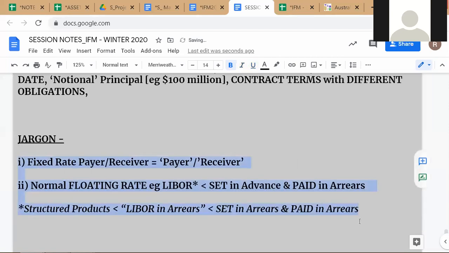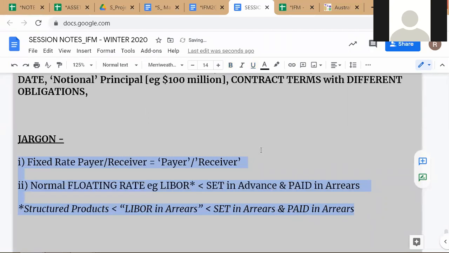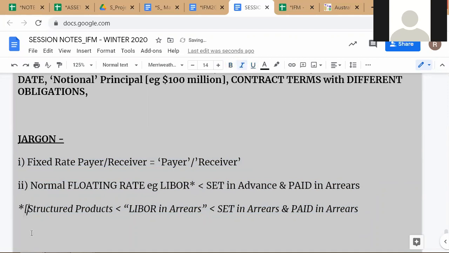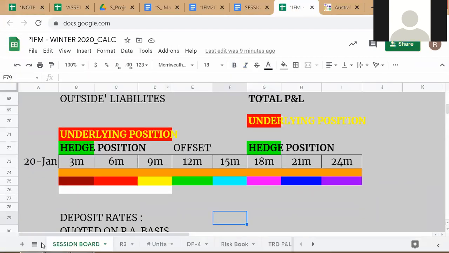But all right, let's look at it. Normal floating rate, example LIBOR, will be set in advance and paid in arrears. There's also LIBOR in arrears, which is set in arrears and paid in arrears. In normal LIBOR, you would set it on day 0, and the rate is determined on day 0, but the actual interest payment happens 6 months later.